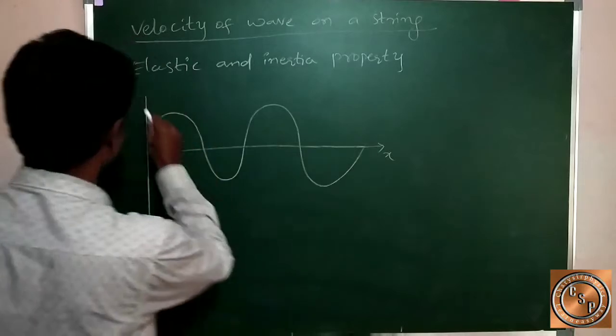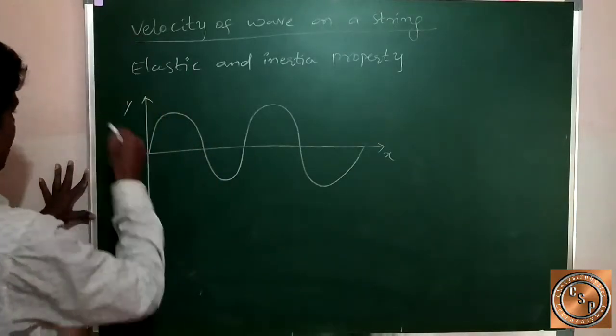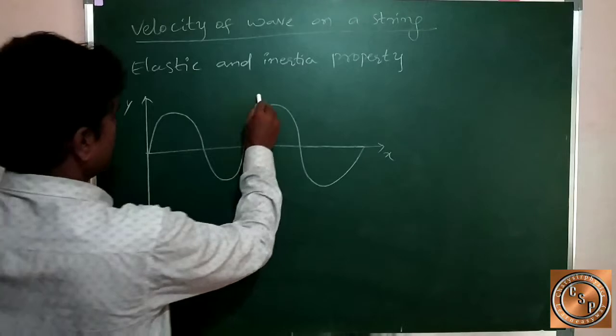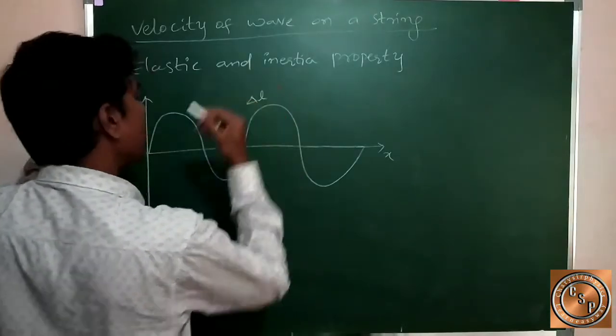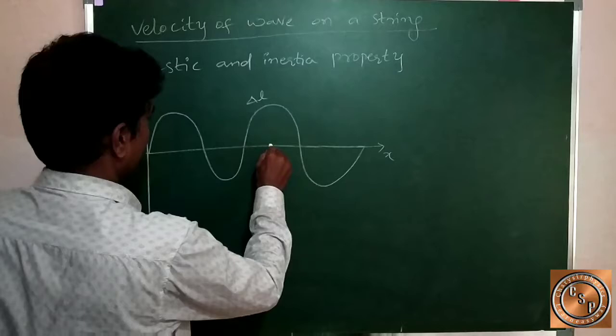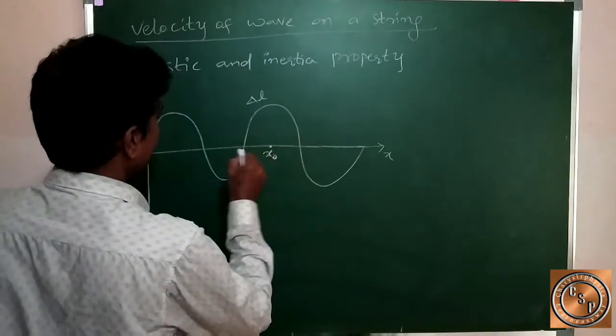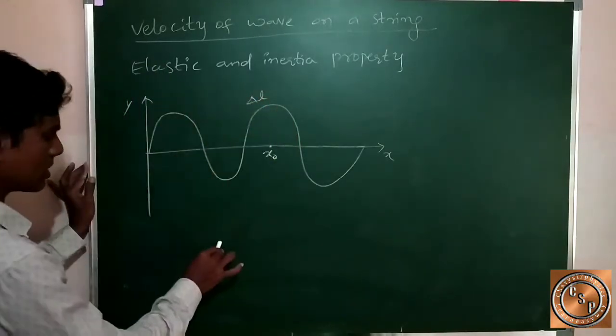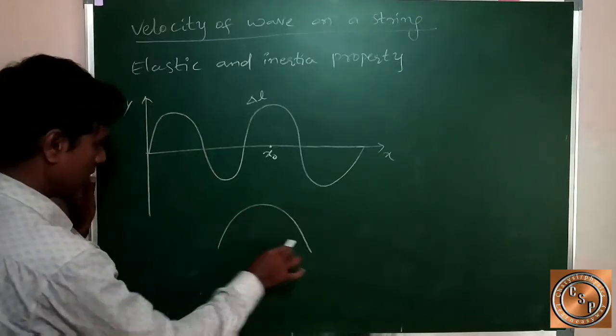This is the positive x direction, and the displacement is in the y direction. Let us consider the length of this element is delta L. Distance of the mean position is x naught. This element is taken outside like this.